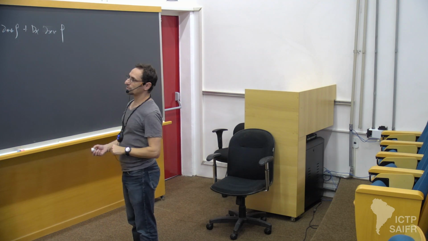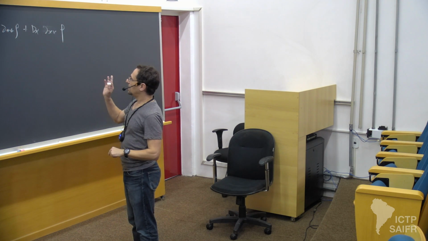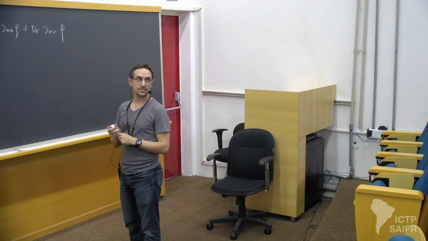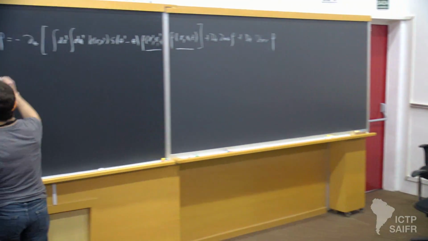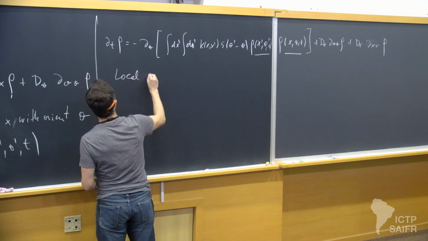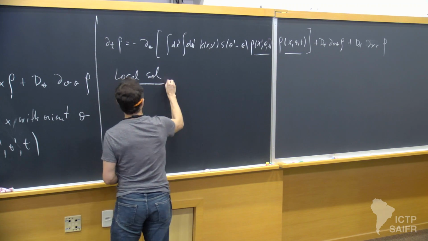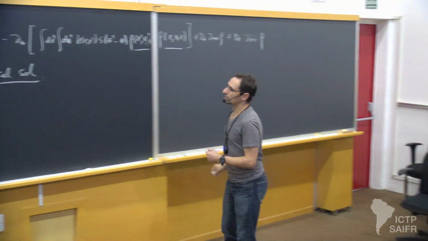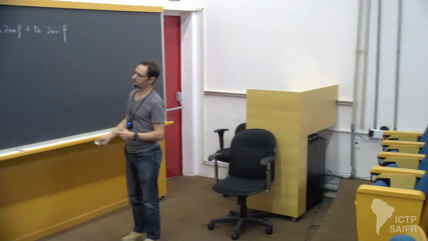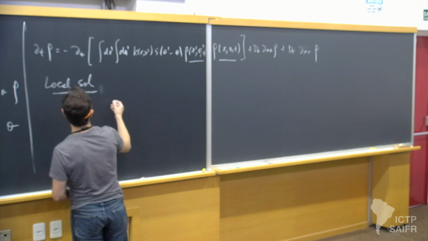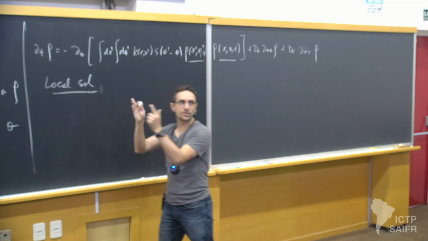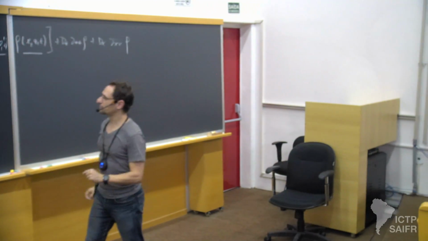So now what I want to show is the local solution of this. For the local solution, I'm assuming that I'm not looking in a space, but at a given position.